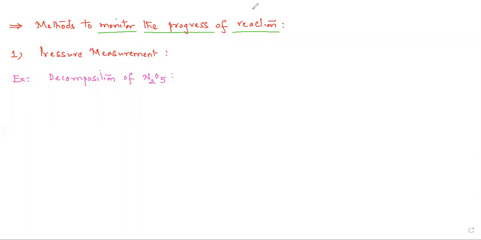Now within this, the first condition that we are going to impose is when P naught and PT are given. Let me tell you what this P naught and PT are.